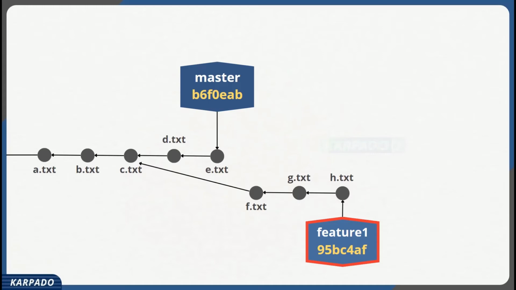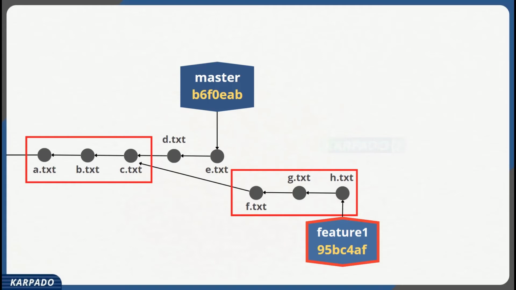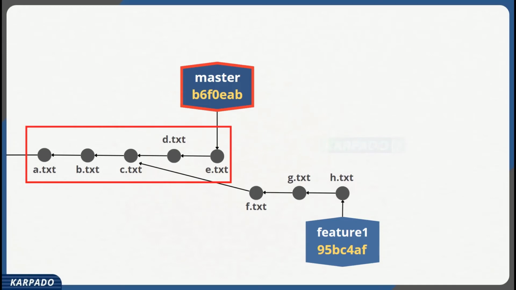So in this case, the current active branch is feature1 branch. So you're going to see all these files A, B, C, and F, G, H. You're not going to see files D and E. And now if you were to switch to master branch, you're going to see A, B, C, D, E files, but not F, G, H files. Hope it makes sense. I'll see you next one.